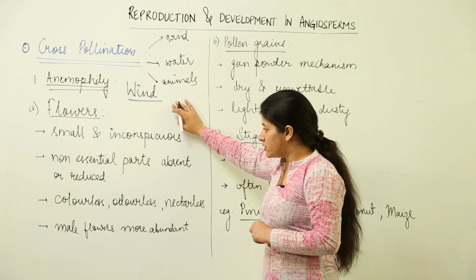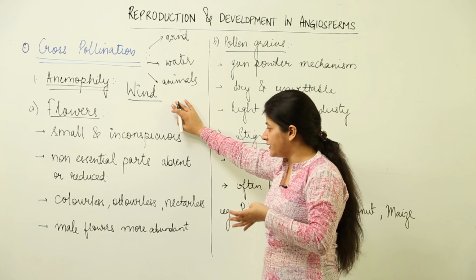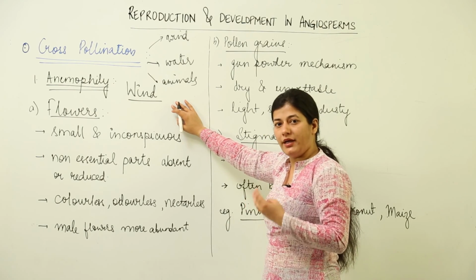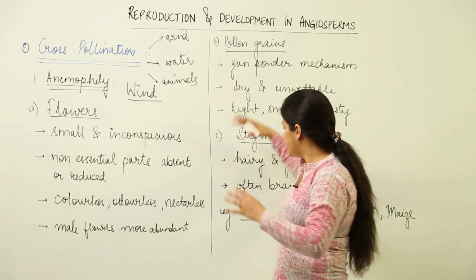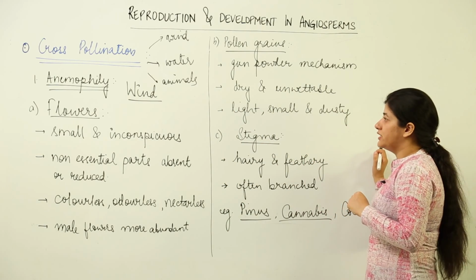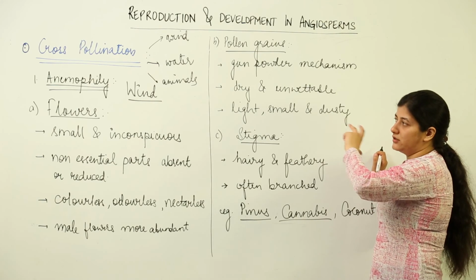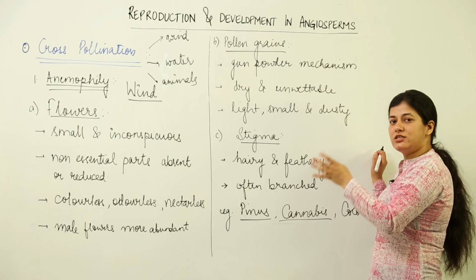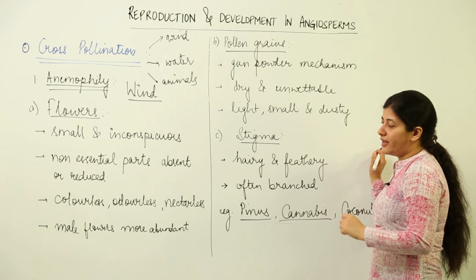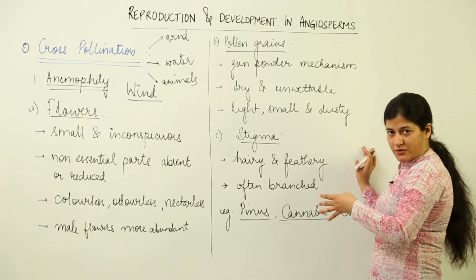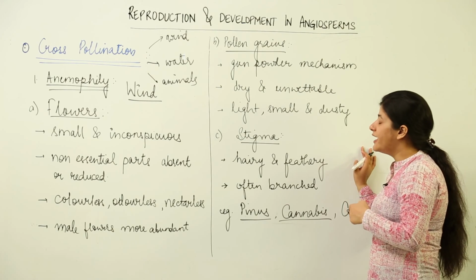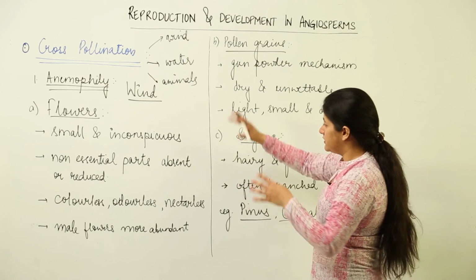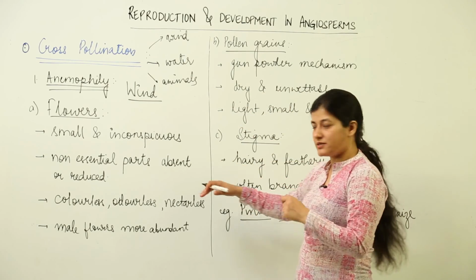So we have to study the few characteristics that a flower is going to possess in order to enable anemophily, and that would be all that we have to study in this, because the definition is simple, that the pollination which takes place with the agency of wind happens to be anemophily, and these are the characteristics which have to be studied, and these are to be learnt as well. So simply seeing what all is written, we are going to discuss it.